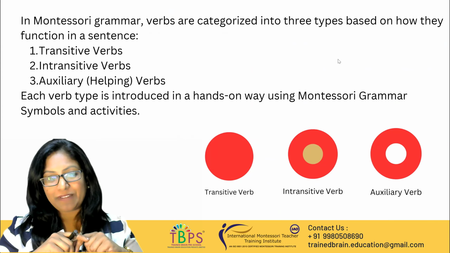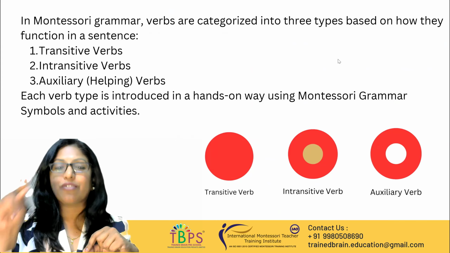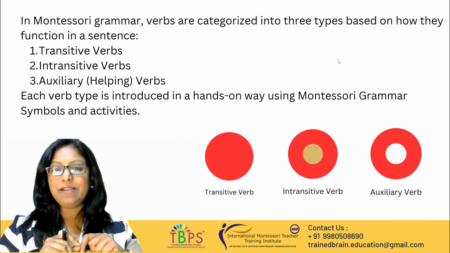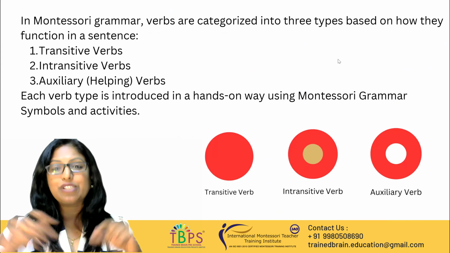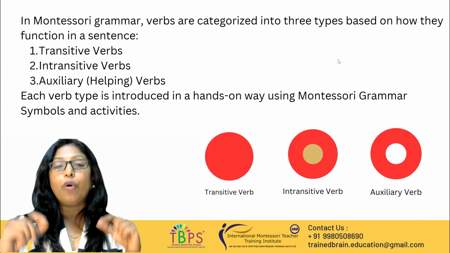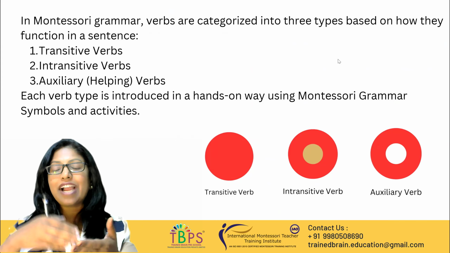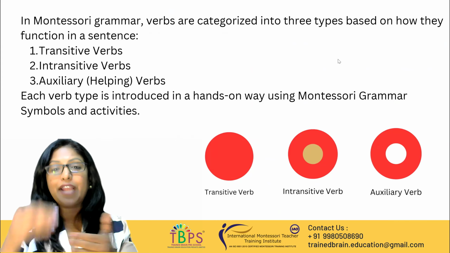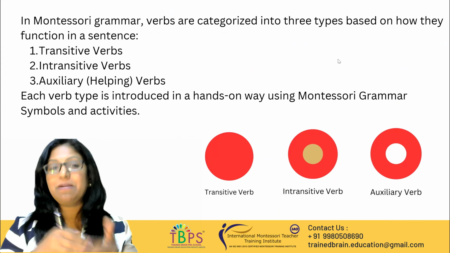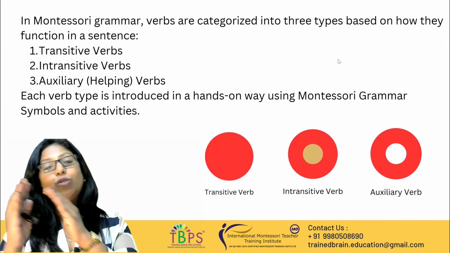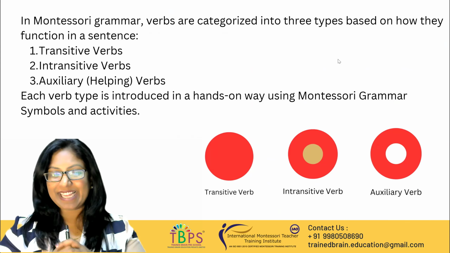So far in the previous lesson, we only used a red large circle in the grammar symbol box to represent the verb. Going further, when the child is given a sentence, the child will have to identify the type of verb depending on how the verb is functioning in the sentence.